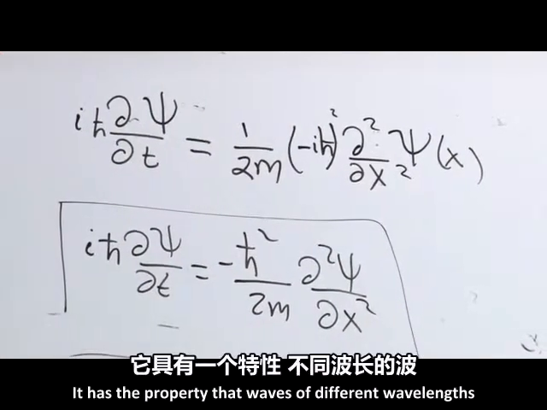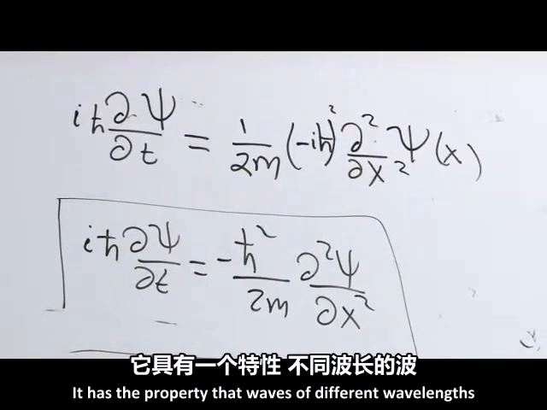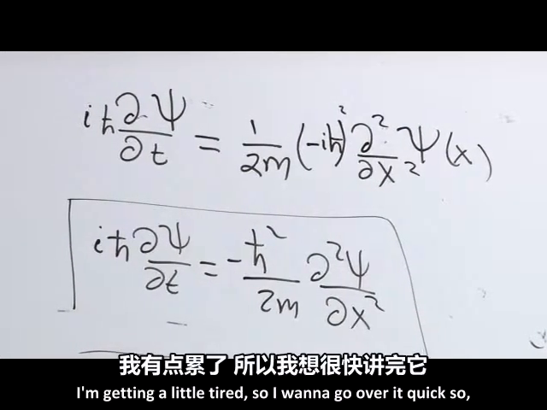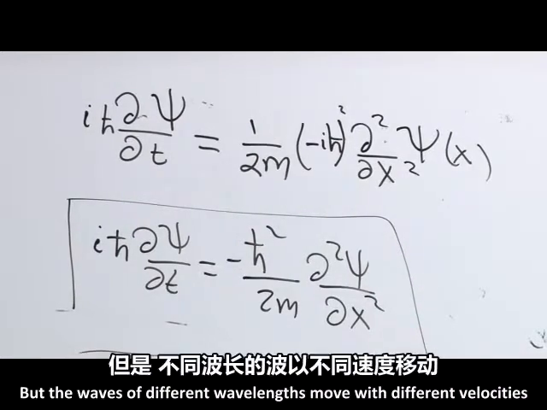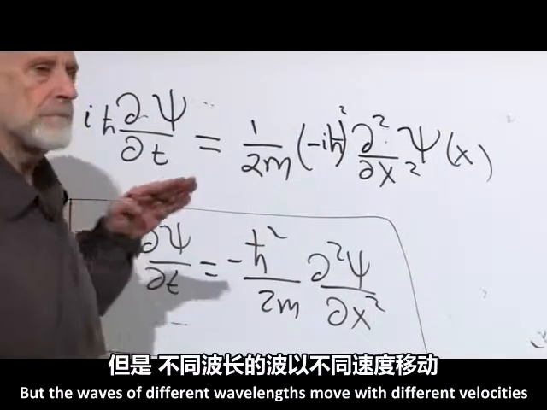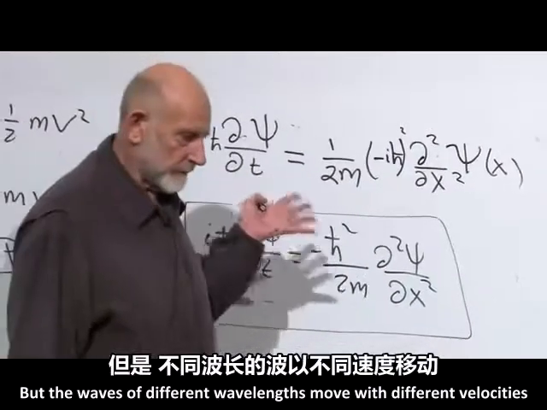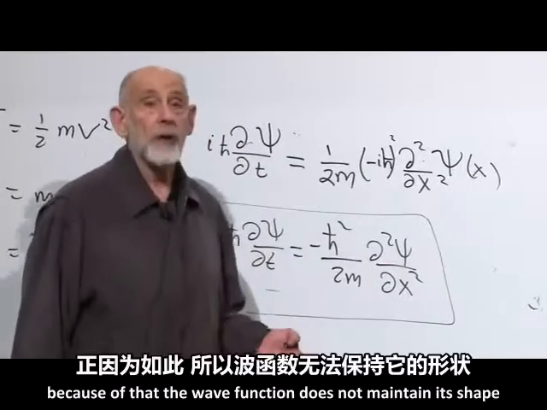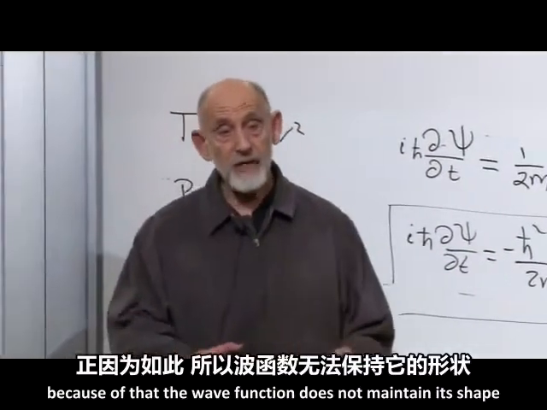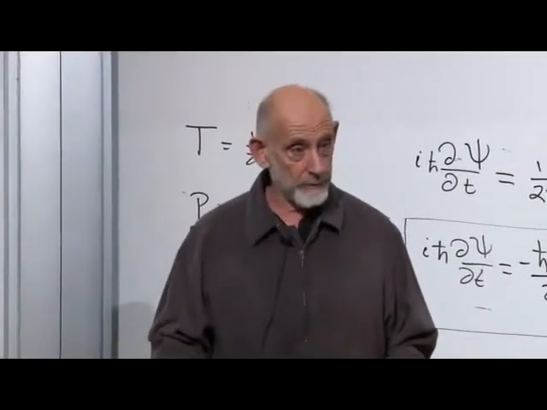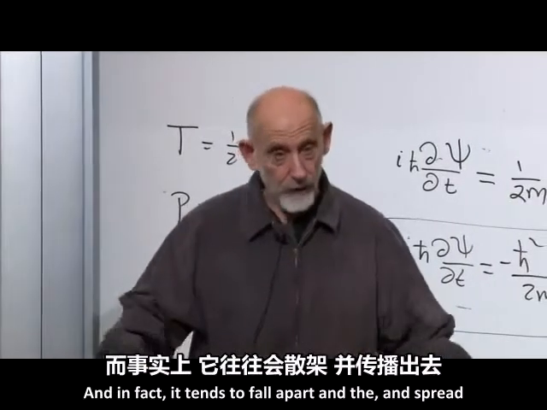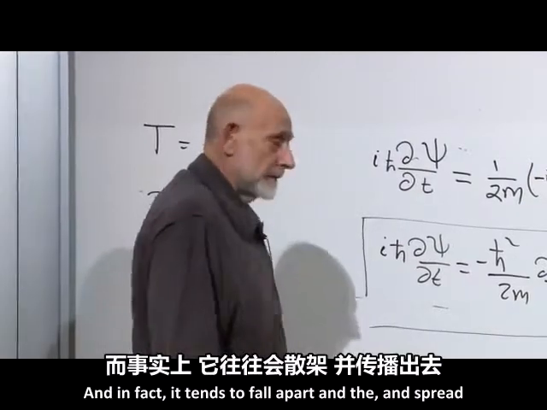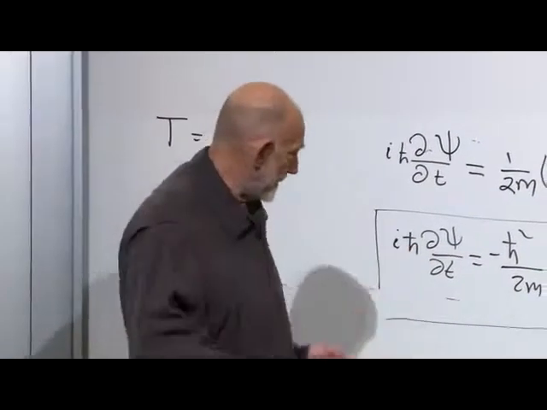It has the property that waves of different wavelength move with different velocities. Well, I'm getting a little tired, so we're going to quit soon. But waves of different wavelength move with different velocities. Because of that, the wave function does not maintain its shape. And in fact, it tends to fall apart and spread. Okay?